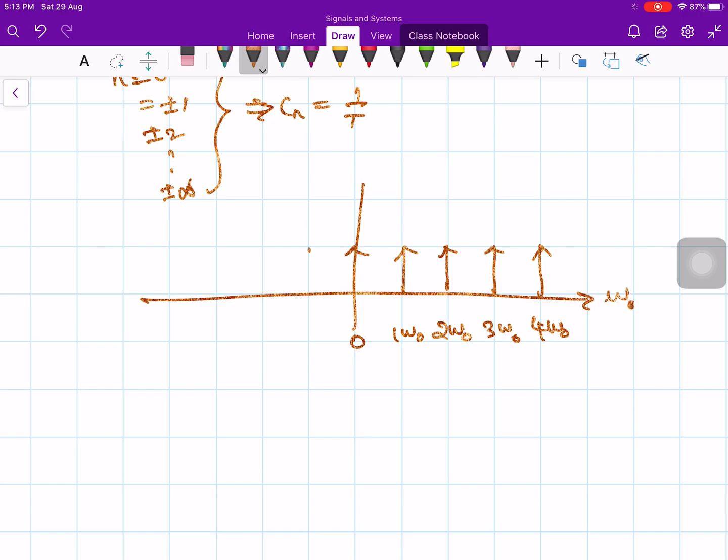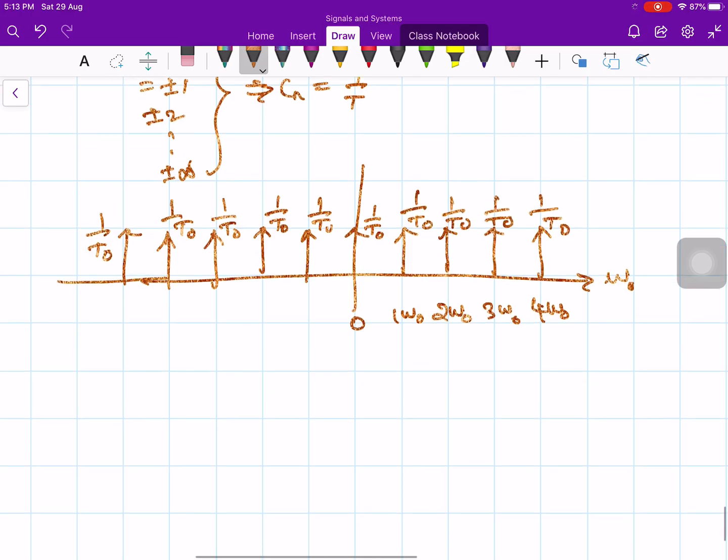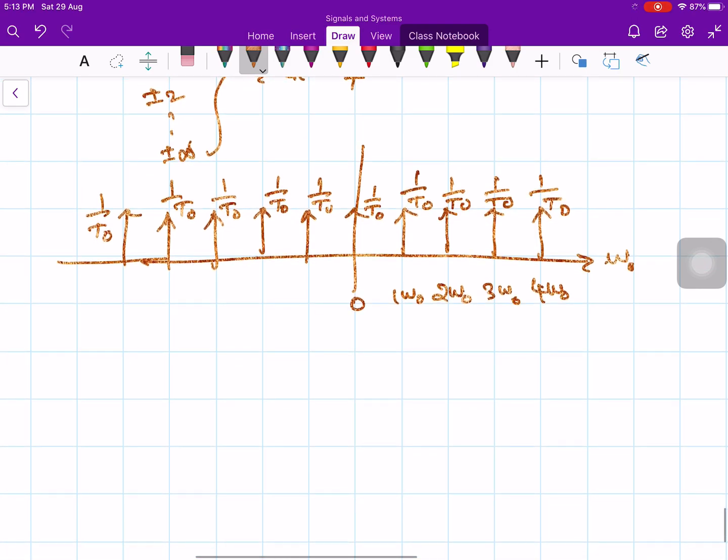Here also all are impulses, not impulses this time, the strength is 1 over t naught. All are 1 over t naught, even at n equals 0 you have 1 over t naught. Like this, the spectrum is flat for all components and has the same value 1 over t naught.